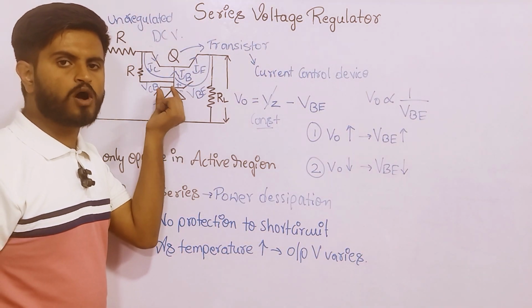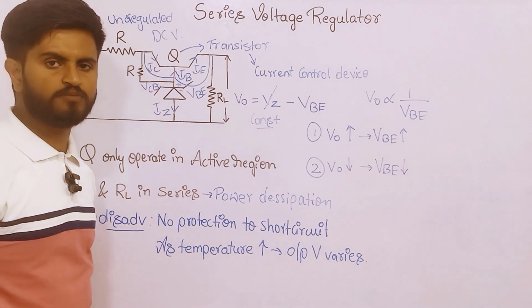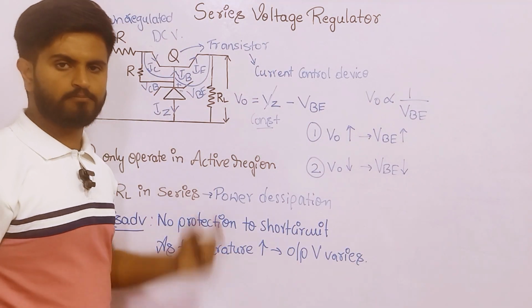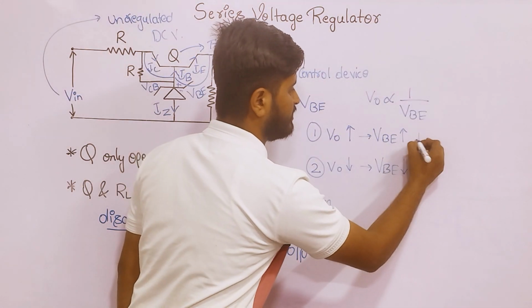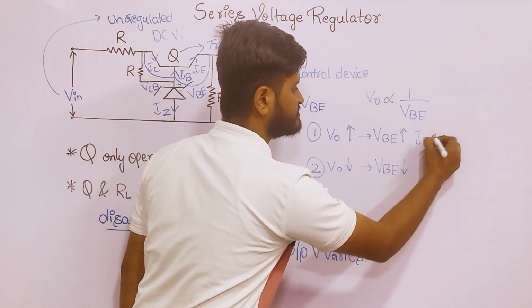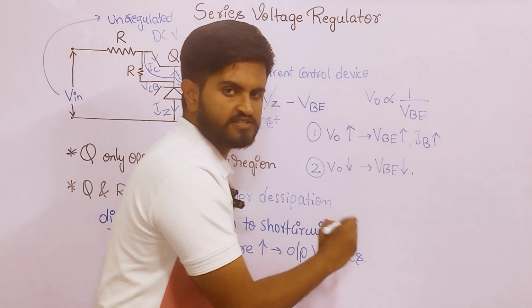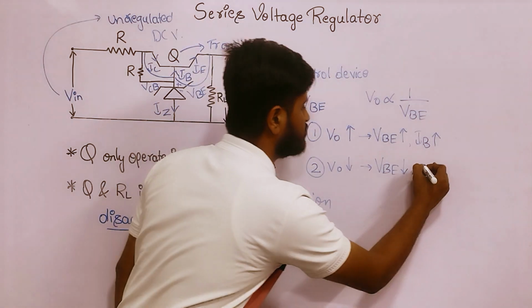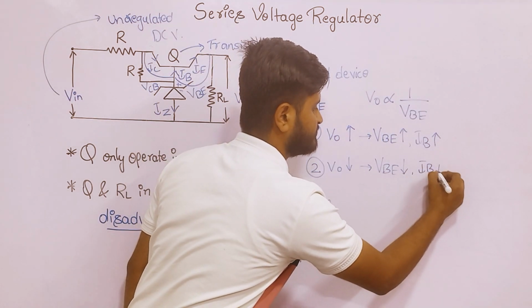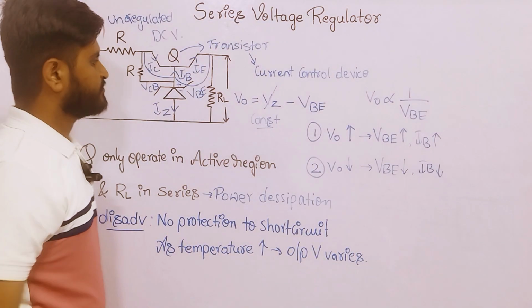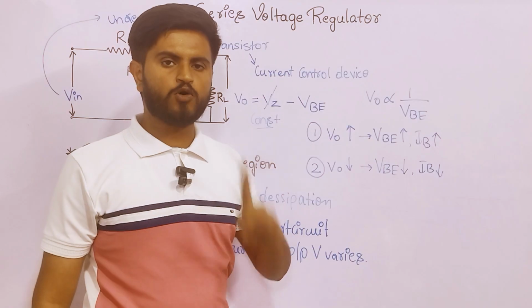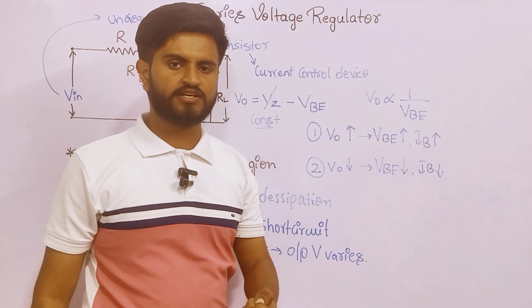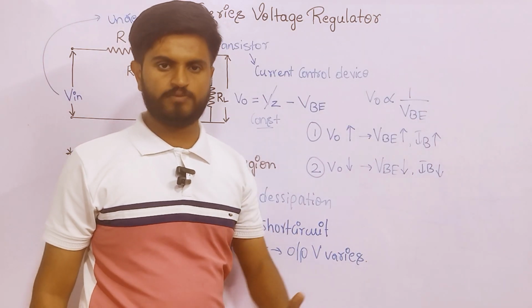Now let's see the current. Since we are using the common base configuration, IB will be the main current. Since VBE is increasing, IB will also increase. Since VBE is decreasing in the second scenario, IB will also decrease. Next, since the transistor is a current control device, when the output current increases, the input current will also increase.